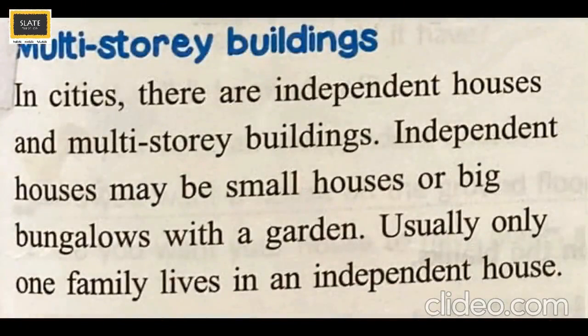Multi-story buildings. In cities, there are independent houses and multi-story buildings. Independent houses may be small houses or big bungalows with a garden. Usually, only one family lives in an independent house.